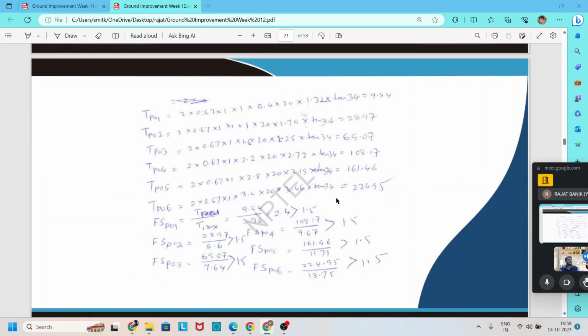It is found that for all the layers the factor of safety for tensile resistance is greater than 1.5, which means it is safe.